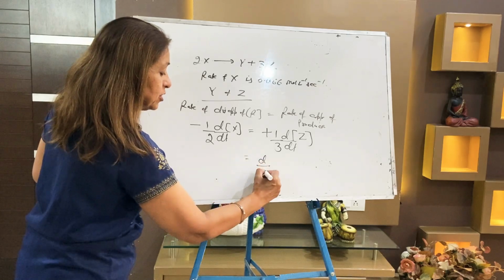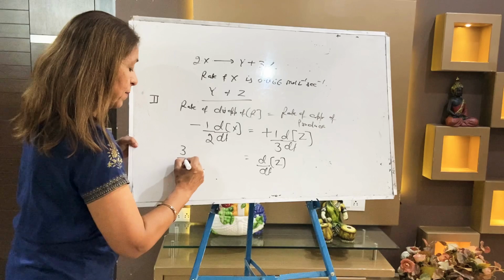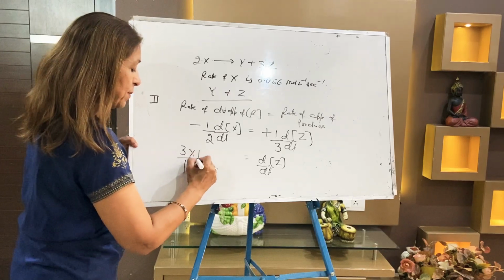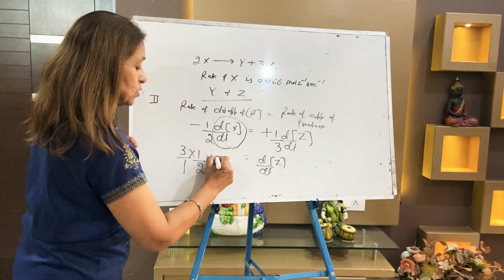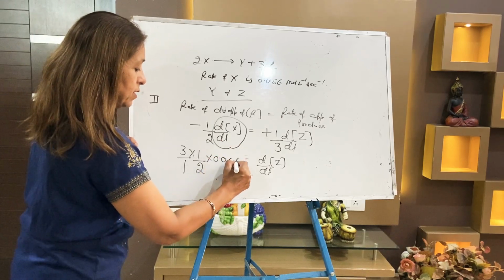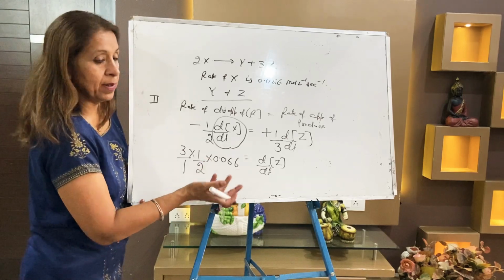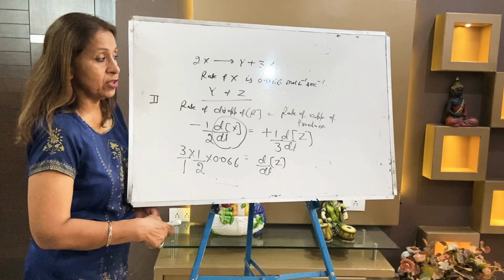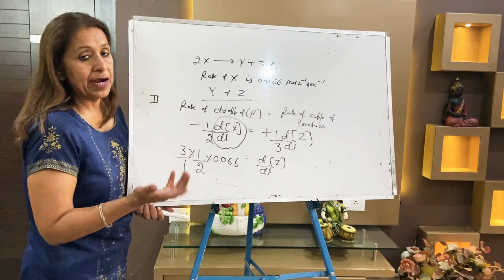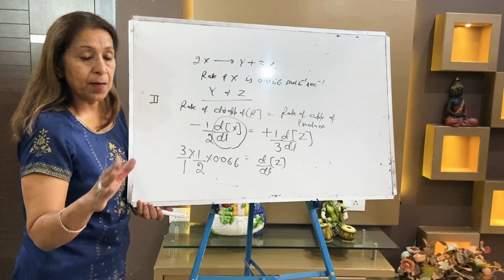So it's d by dt of z, bring 1 by 3 here, 3 by 1 into 1 by 2. This complete rate is given, that is 0.066. So your answer will be 0.099. In this way you can calculate the average rate and the instantaneous rates. This means your first topic is completed.